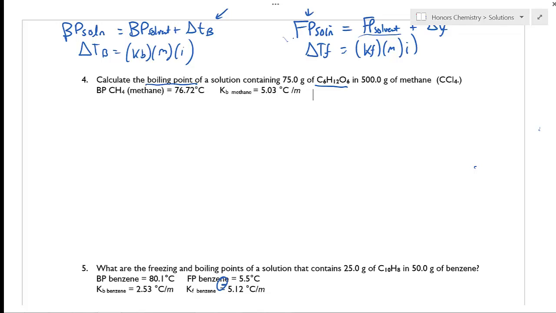So the first thing we need to do is figure out how much solute we have dissolved, so our concentration. We take our 75.0 grams, and we need to figure out what the molar mass is.